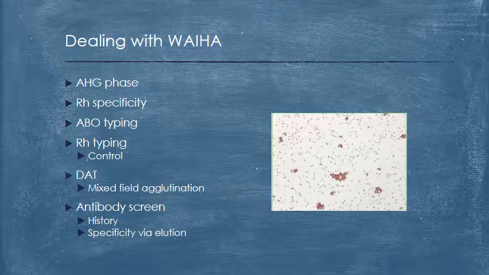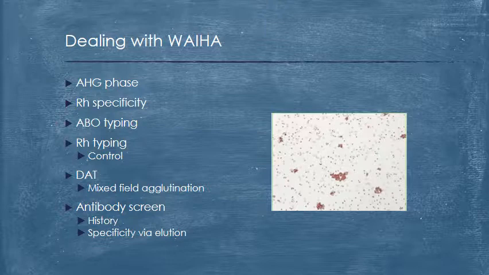Okay, and then if you do know that you have an autoimmune situation present with the patient, and you think you're having trouble, in particular with the RH, what you can do is pre-treat the patient's cells, because remember they would already be coated with antibody, so you'd want to remove that before you actually do your ABO and your RH testing.